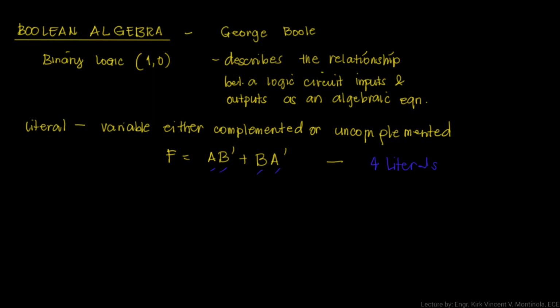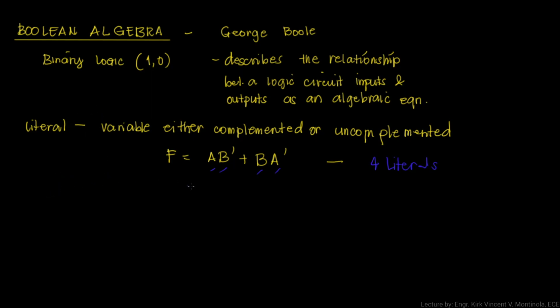So we go to some postulates of Boolean algebra. These are the important notes you need to understand, memorize, or be familiar with so that you can simplify the Boolean expressions given by certain logic circuits.